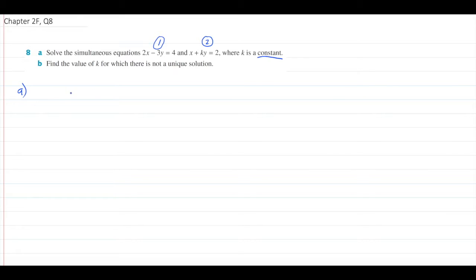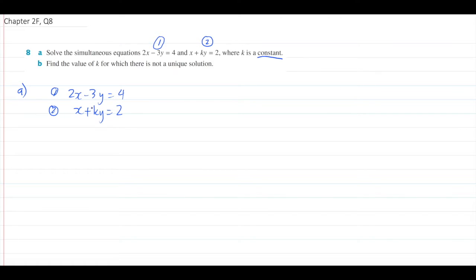This one shouldn't be too much of a problem if you know how to solve simultaneous equations. So I'll write them down. Equation number 1, 2x minus 3y equals 4. And equation number 2, x plus ky equals 2. And it's set up in a very nice format. Both equations have the same terms in order, x, y, and then equals a number.